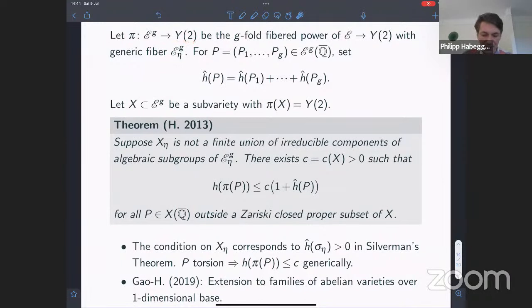And so more recently, together with my co-author Ziyang Gao, we extended this result, this height bound, to families of Abelian varieties over a general one-dimensional base. So Abelian varieties not necessarily of this structure, but any family of Abelian varieties over a curve. So we have to be a bit more careful there because the trace could be 0, which is not the case here, but it's in this spirit.